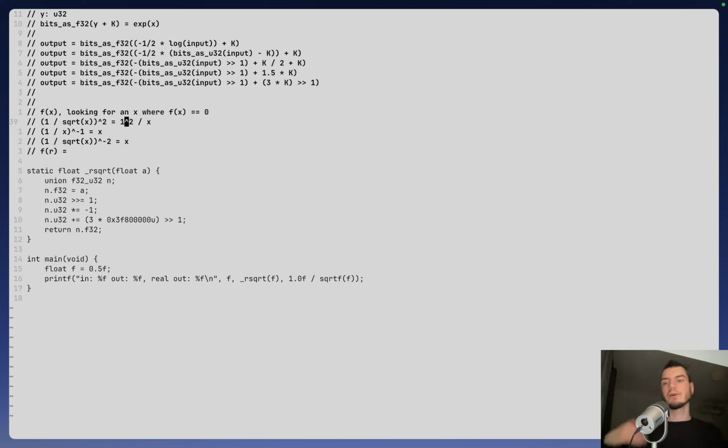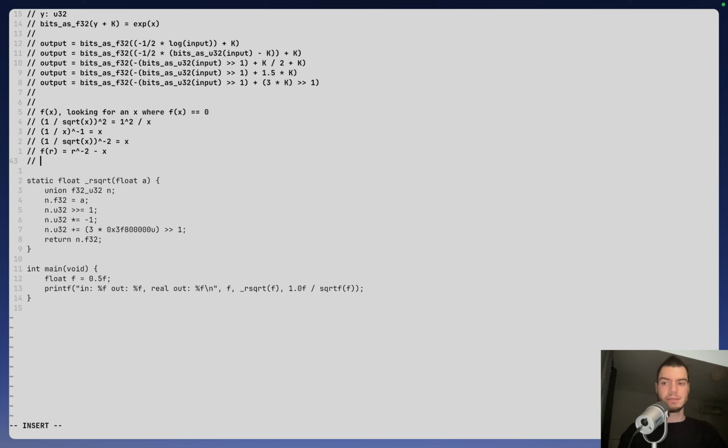Because we've first taken it to the power of 2 and then to the power of minus 1, meaning we can do 2 times minus 1, so minus 2. So r to the power of minus 2, we expect this right here to be equal to x. So x minus x should be 0. So we've now created a function that we expect to be 0 if we've done our job correctly.